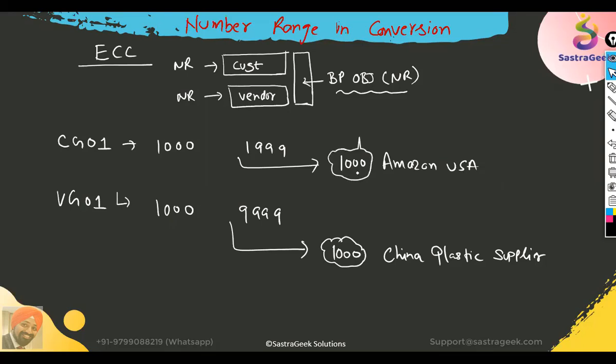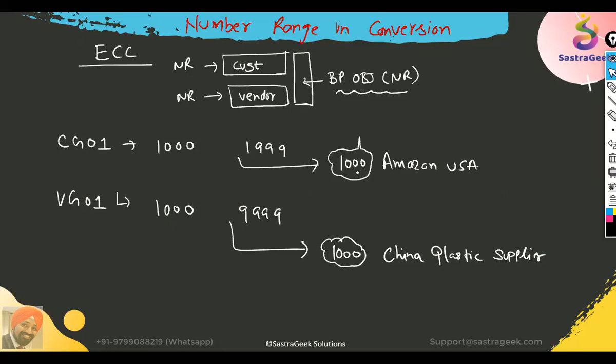When you create a business partner for them, can you create a single business partner? No, we cannot. A business partner is an entity, and here there are two entities. So for two entities, you need to create two different business partner numbers, because they are two different entities, but here both numbers are the same. So if you have these kinds of conditions where in ECC your customer number ranges and vendor number ranges are overlapping.